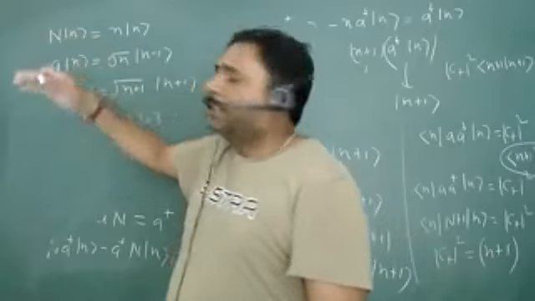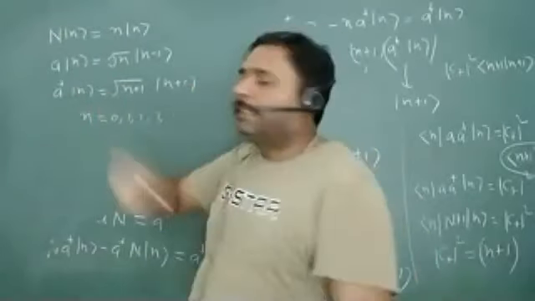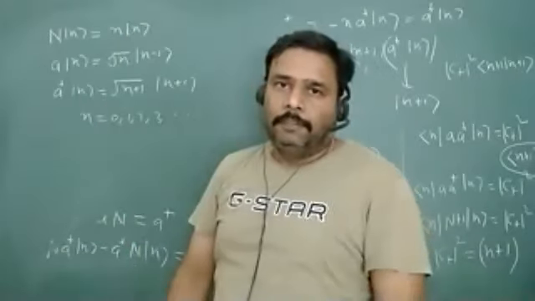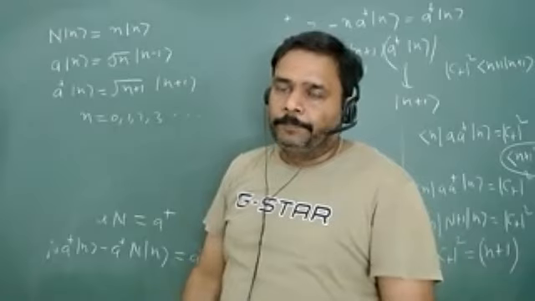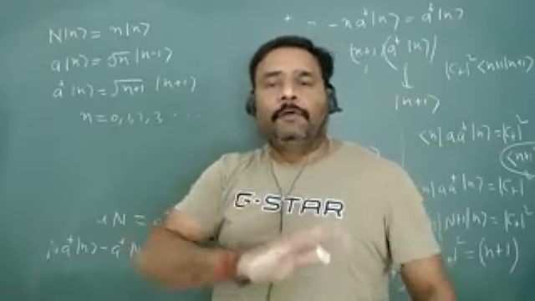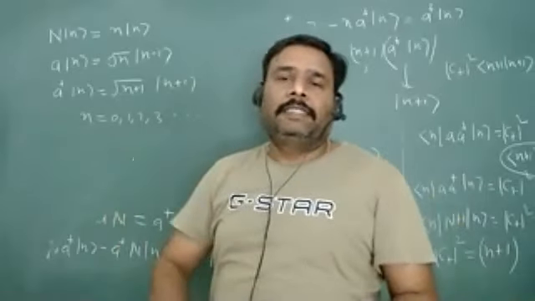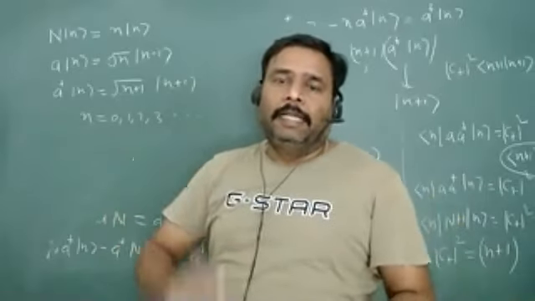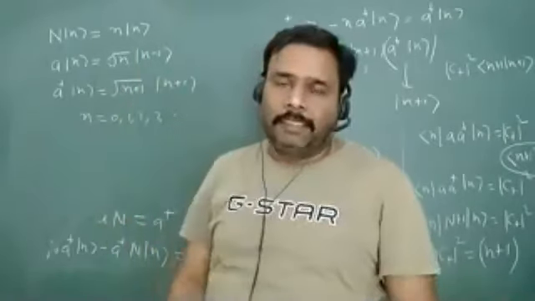This will try to lower one state, and this will try to raise one state. And now you can see discreteness come into the picture, because if you have the n state and you operate with a on n, you will lower one state, that will be n minus 1. And if you operate a dagger on n, you will go to the next level of state.